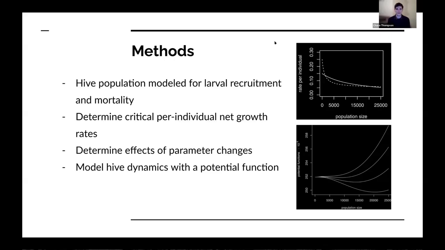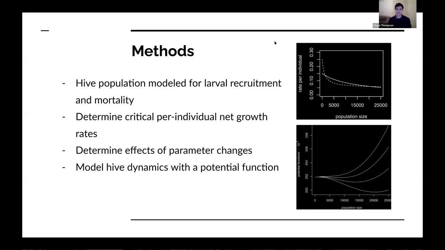And changes in these parameters will change the position of the population increase rate and the mortality rate, so that a change in this parameter might cause a hive that sits comfortably in this range where the population increases more than it dies off into a range where it now is no longer feasible.